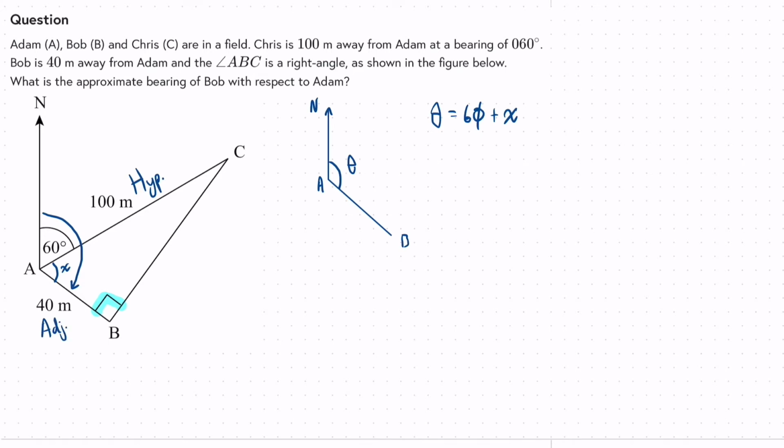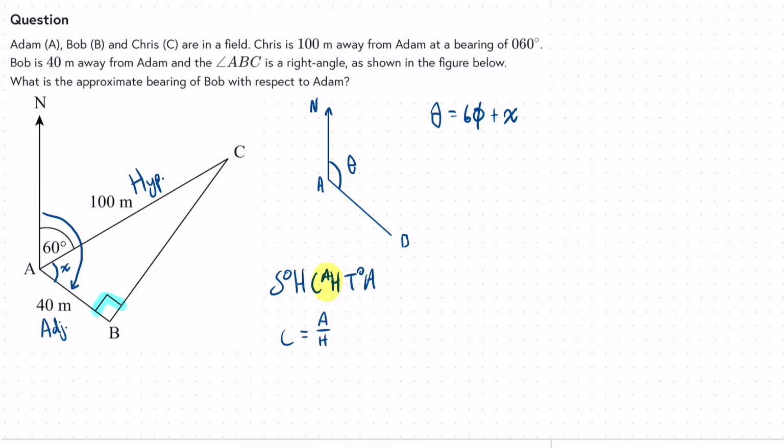So I've got a hypotenuse and an adjacent, H and A. I think about SOH CAH TOA, and I'm looking for the ratio that has A and H, which is this one here. So cos is equal to A over H.